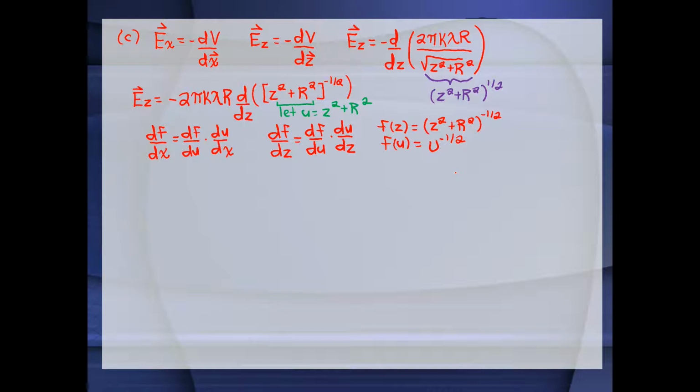Okay, so now we've got to figure out what these derivatives are. So we're going to expand upon this equation. So this would be df dz would be equal to, okay, so the first one's the derivative of f with respect to u. So we can use the power rule to do that. So the power rule would bring the exponent down. So that becomes, let's do it in the brackets here, negative 1/2 times u to the power, and then we subtract 1 off of the exponent. So negative 1/2 minus 1 would be negative 3/2.